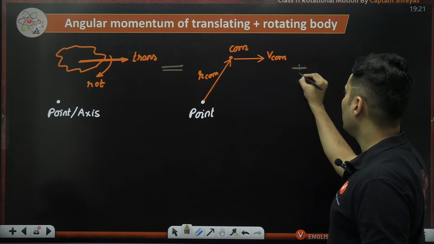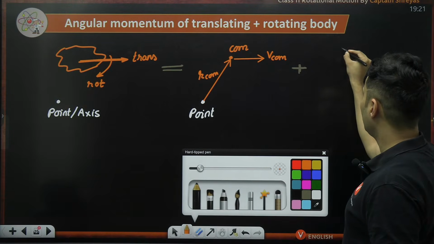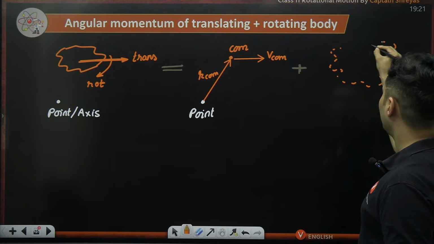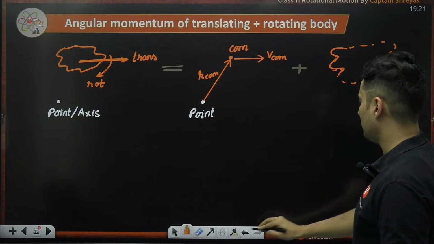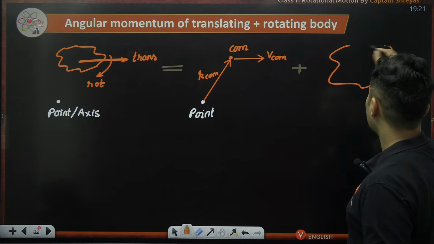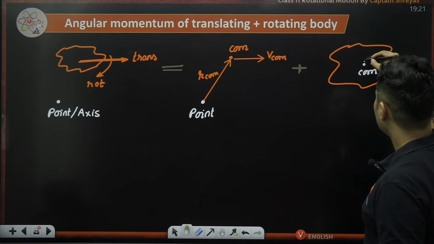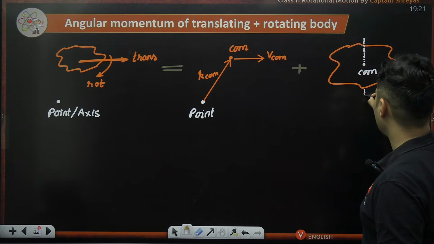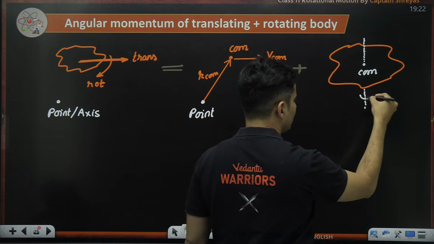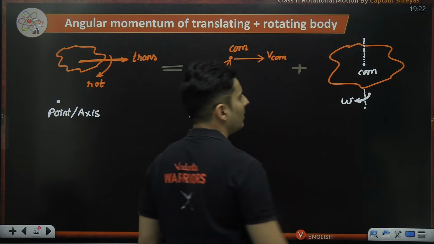Additionally, second, you sit on the center of mass of that entire body, and then think as if it is just spinning about that particular center of mass with some angular velocity.